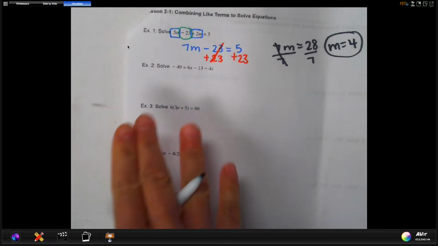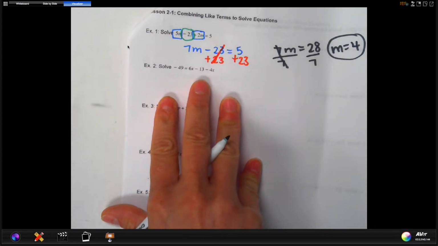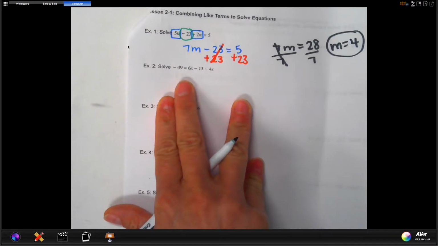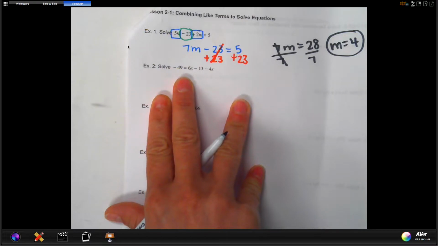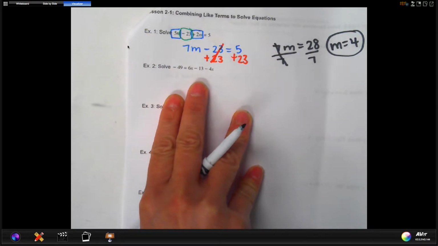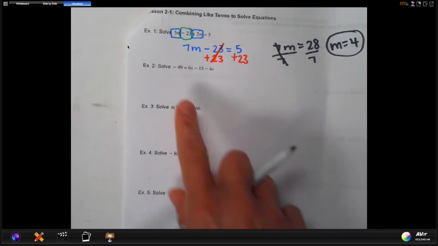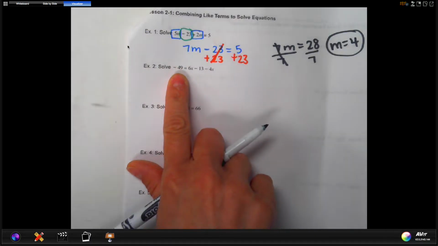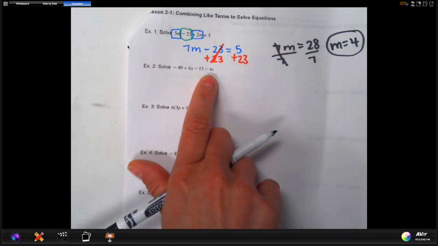So example 2, on ours, we have negative 49 equals 6x minus 13 minus 4x. The only difference here is that this time all of our variables are on the right side of the equation, but we really do solve this the same way. So negative 49 is already by itself on the left side of the equation, so we'll leave it there. We do have some like terms that we can combine.